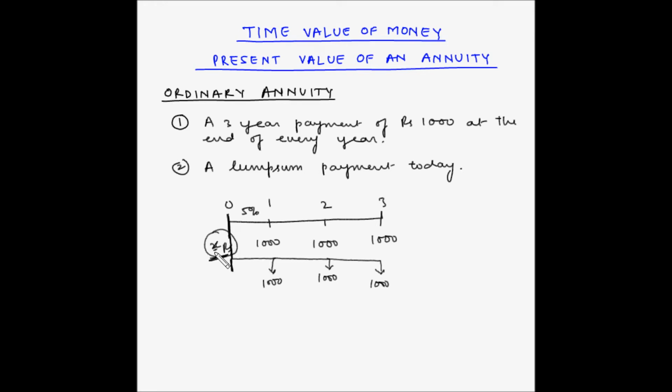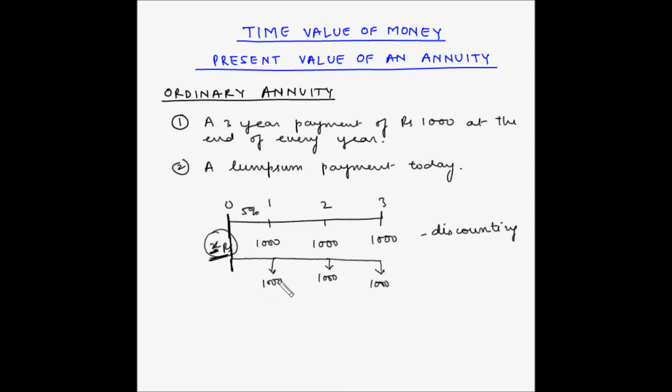So in order to find out the X rupees, which is equivalent to the annuity payments spread over the annuity period, we will use the concept of discounting, which is nothing but the reverse of compounding.